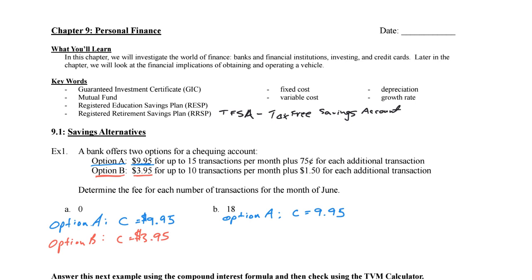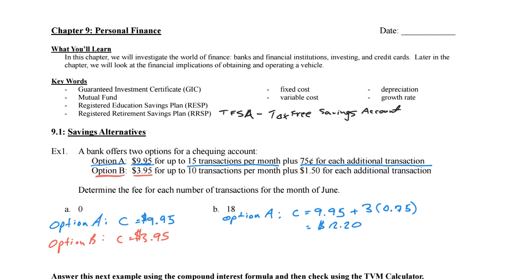Now, remember that we got 15 free transactions and then 75 cents for every additional transaction. So now we have a total of 18, so we're going to have to add 3 more transactions to total up to 18 and then multiply by 0.75. Punch that in your calculator and you're going to get a total of $12.20 for option A.